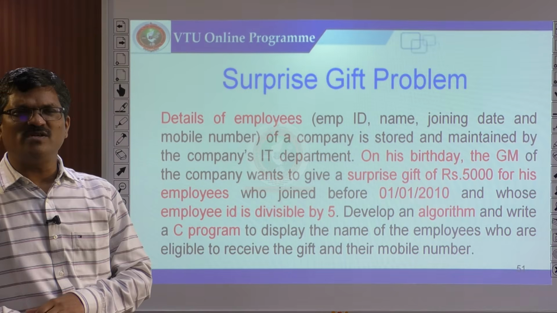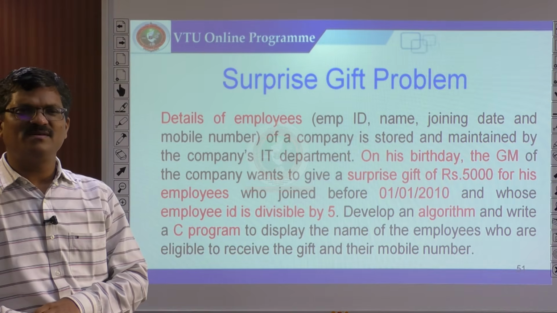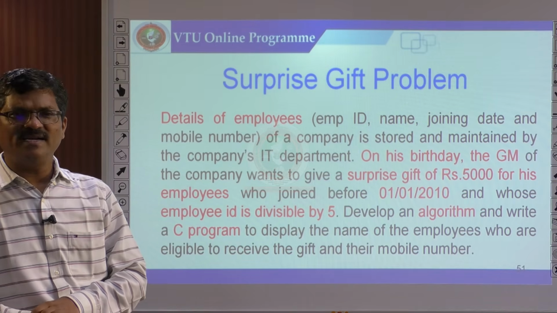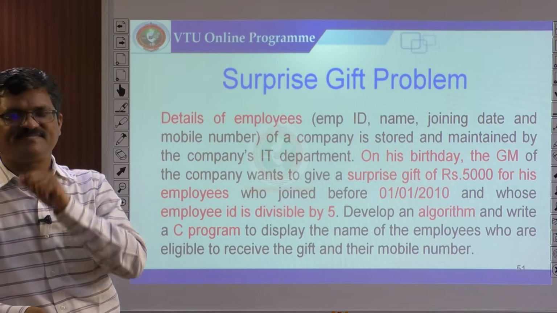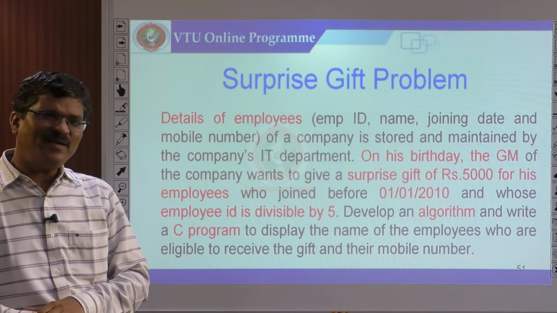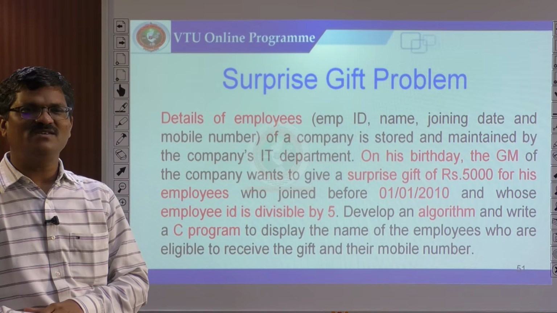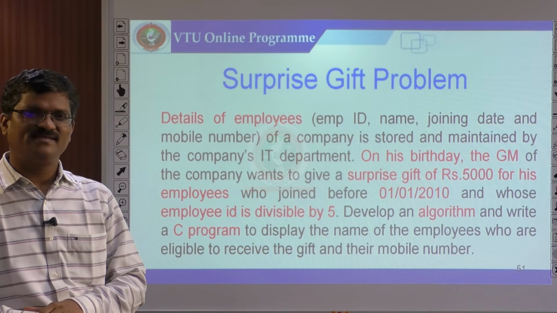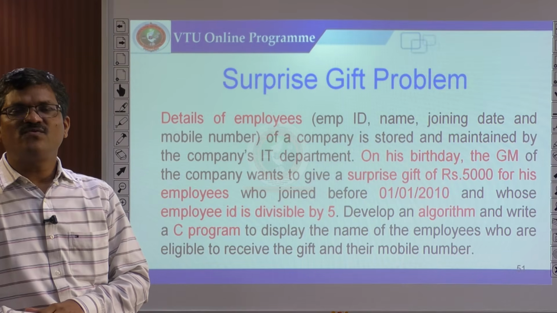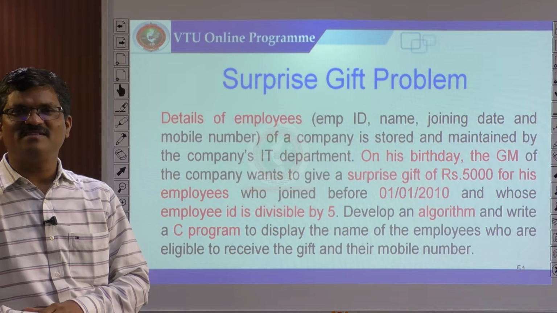Details of employees, something like employee ID, SSN number, name, joining date and mobile number, all these details of a company are stored and maintained by the company's IT department. On his birthday, the general manager of the company wants to give a surprise gift of rupees 5,000 to his employees who joined before 1/1/2010 and whose employee ID is divisible by 5. This is the constraint.